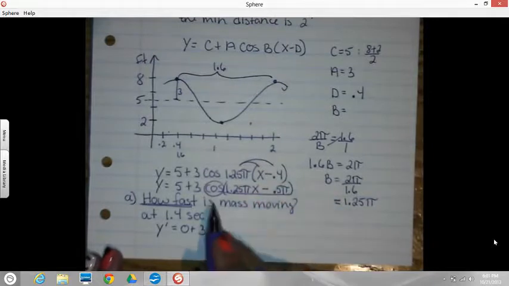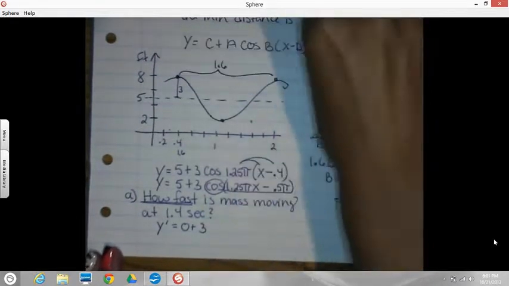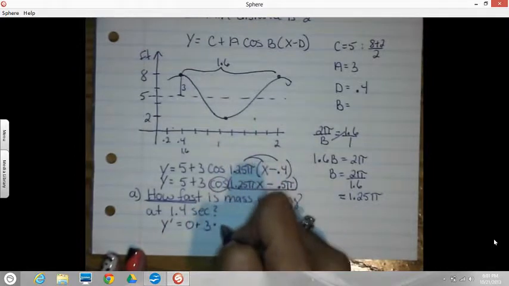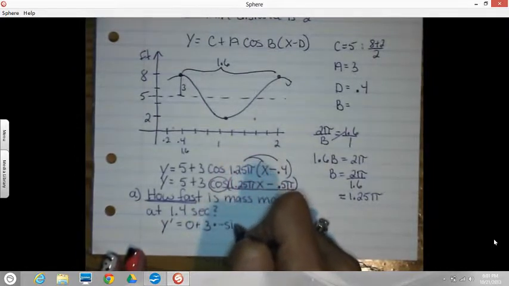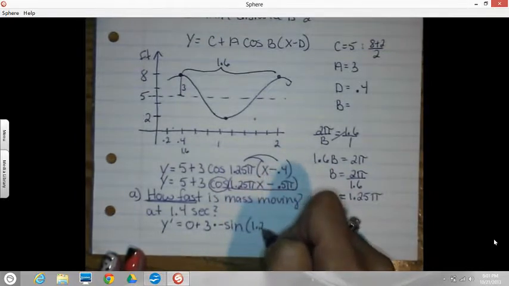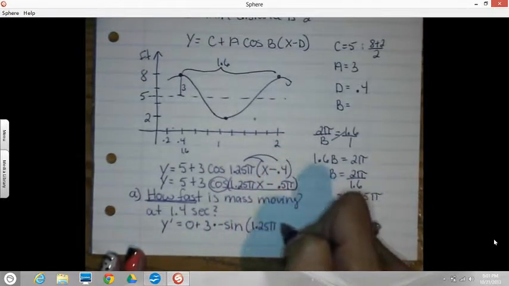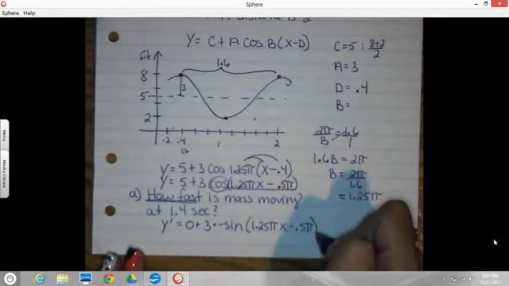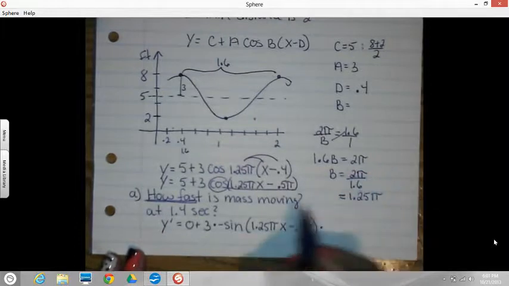So always start with the outside. Derivative of cosine is, so we're multiplying, negative sine. Keep the angle the same.